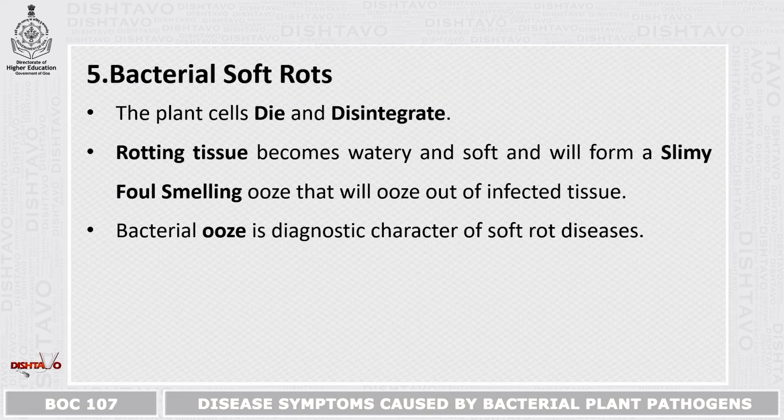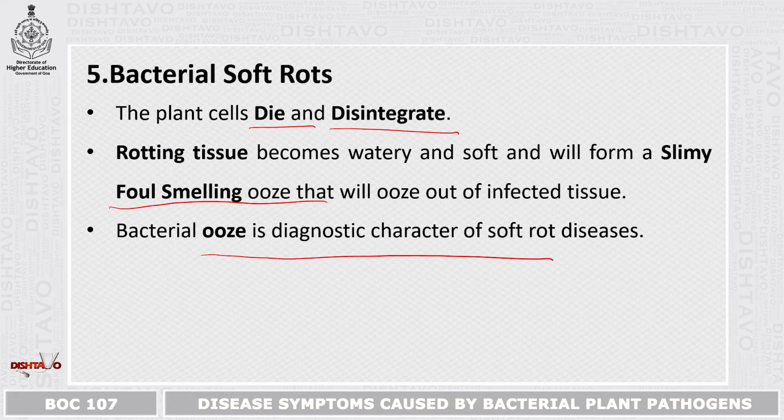Fifth symptom is bacterial soft rots. The plant cells will die and disintegrate. Rotting tissue becomes watery and soft and will form some slimy, foul smelling ooze. This slimy, foul smelling ooze will come out from the infected tissue, and bacterial ooze is a diagnostic character of a soft rot disease.